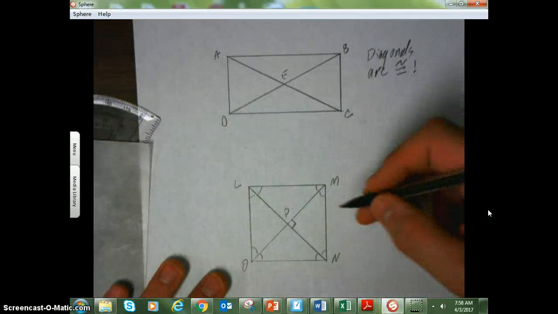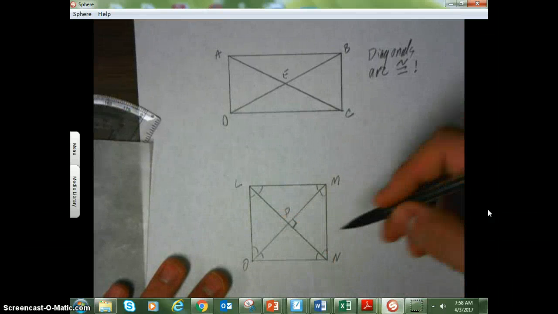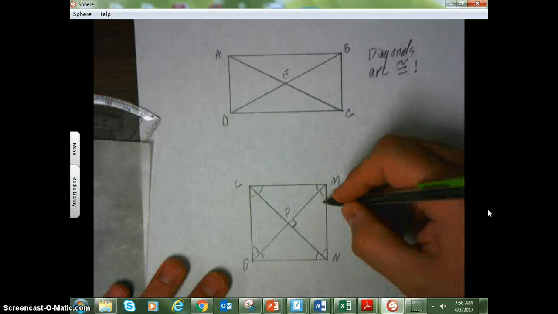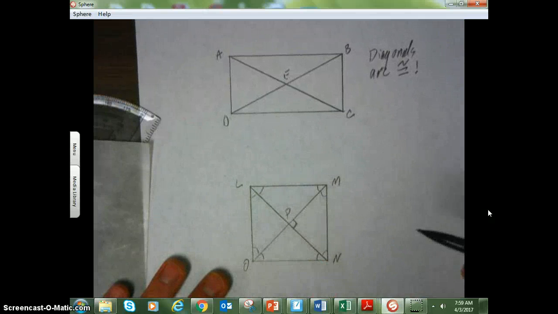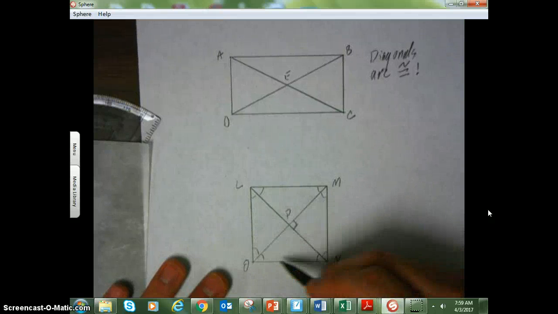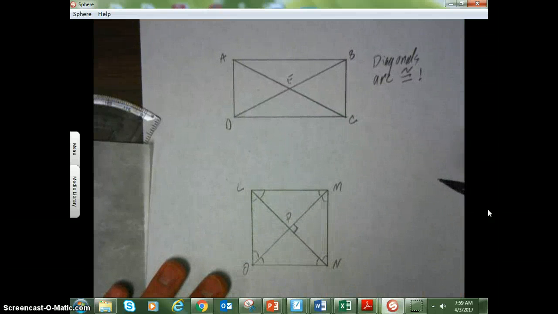So all of the interior angles get bisected equally by the diagonals, which essentially gives me four 45-45-90 triangles inside of the square with which to work if I needed to.